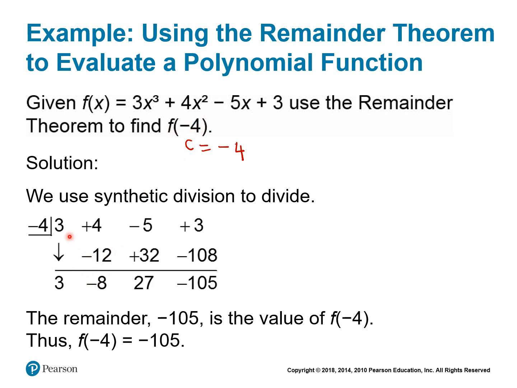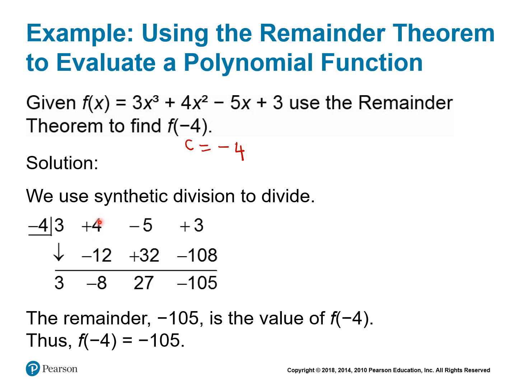What was the step first? For the first term, we write the number below the line, all right, below the line that we drew, the separation line, and then we multiply minus 4 with 3. So minus 4 times 3 is negative 12. We write the result of that under the second term, which is plus 4.